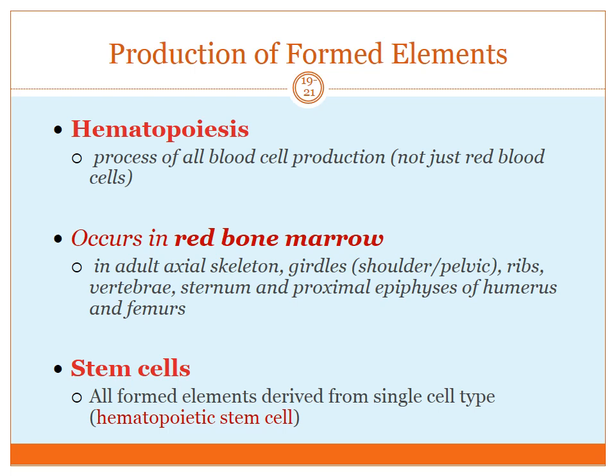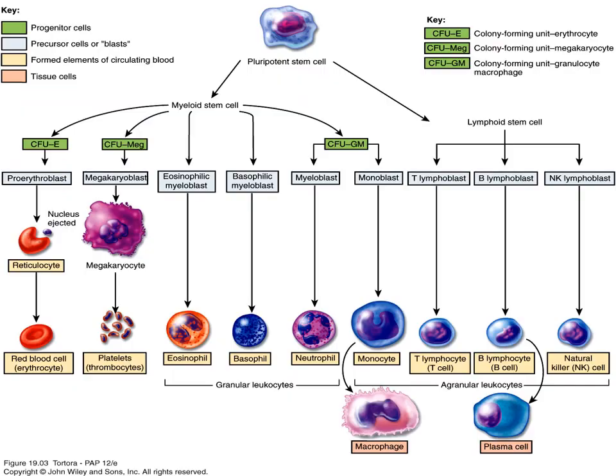And all blood cells are formed from a single stem cell. So from one stem cell, known as the hematopoietic stem cell, all of these bloodlines differentiate. This slide will illustrate the process of making the different blood cells within the red bone marrow.